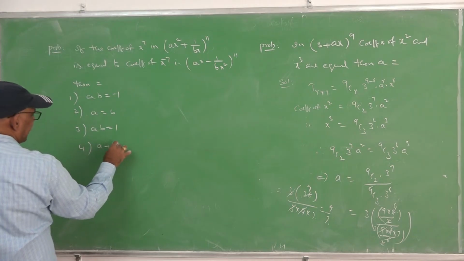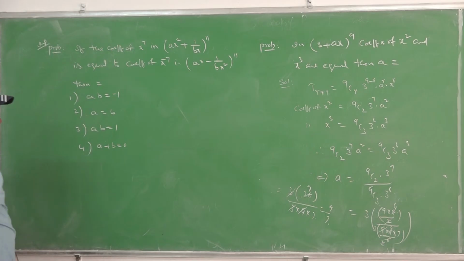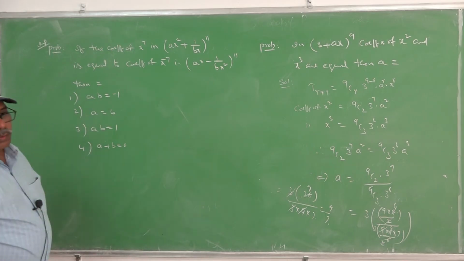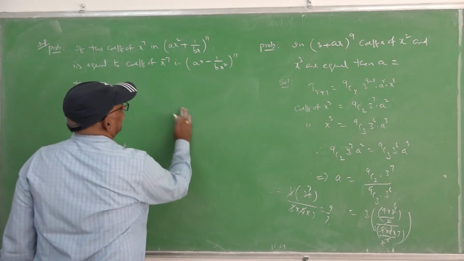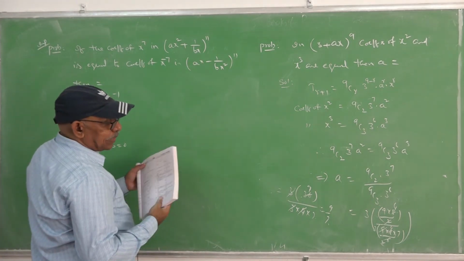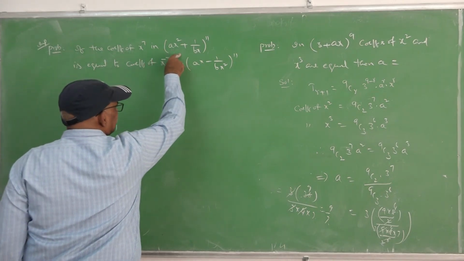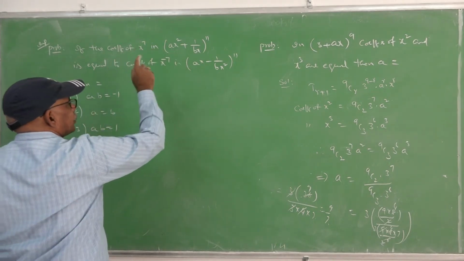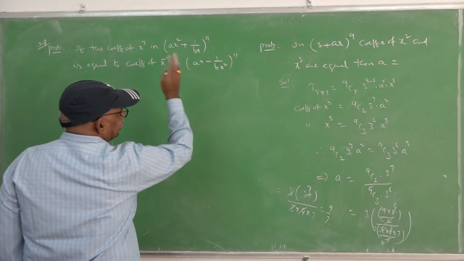This is one important problem. For the x power 7 coefficient, write the general term of this expansion and observe for what values of r we get x power 7. Similarly in the other one.